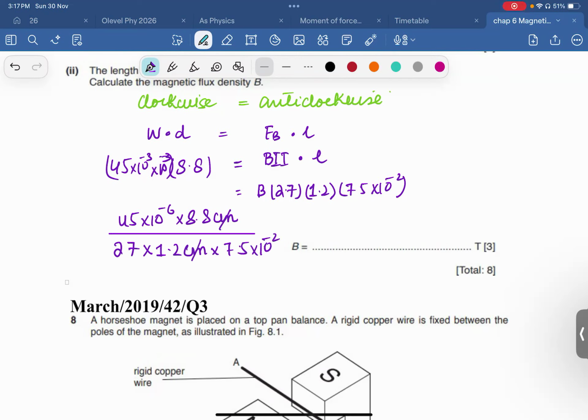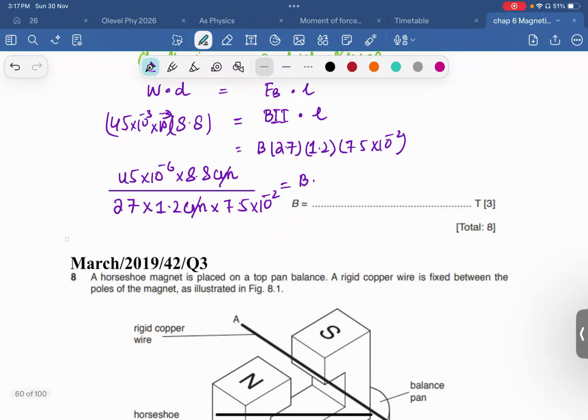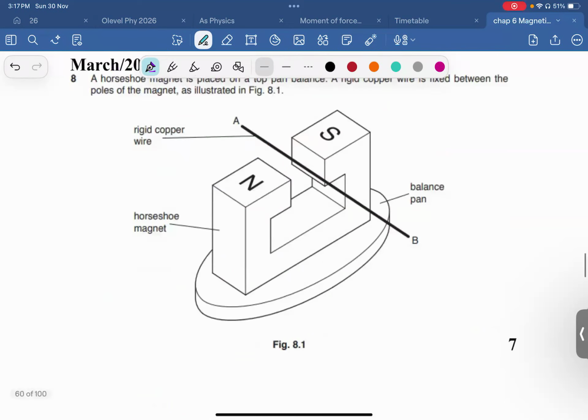The centimeters cancel out, and you can find B. So B is 45 exponent -6 into 8.8 divided by 2.7 into 1.2 into 7.5 exponent -2. I'm getting 1.63 exponent -3.